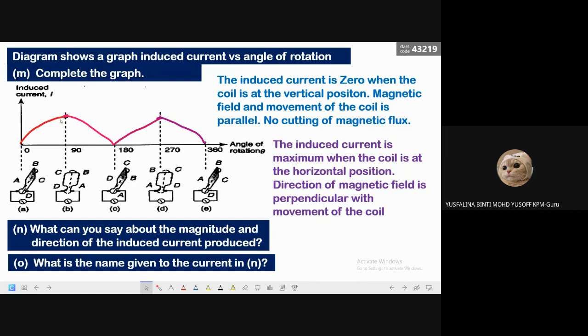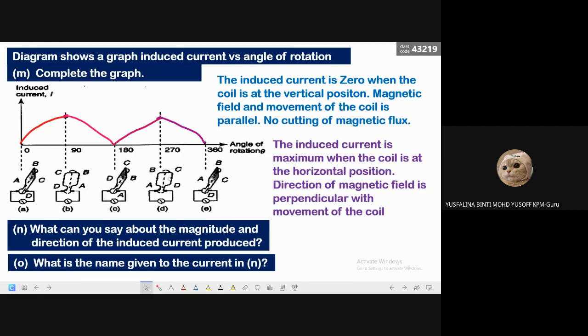But when it is in this arrangement, there will be an induced current, so you have induced current here. Then again it turns around and is vertical, so it has to be zero because no induced current is produced, no magnetic field being cut.